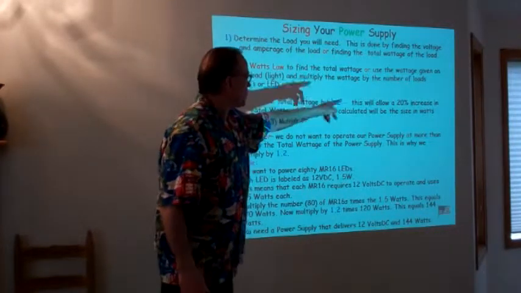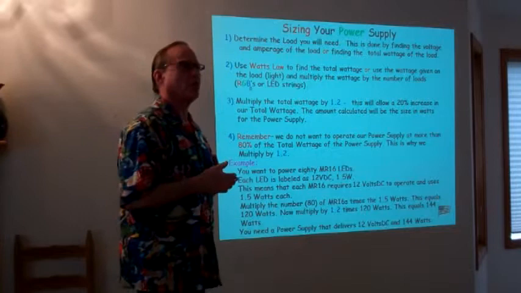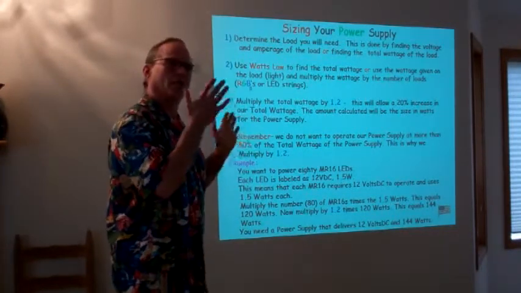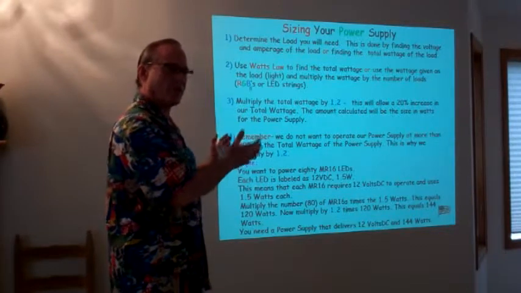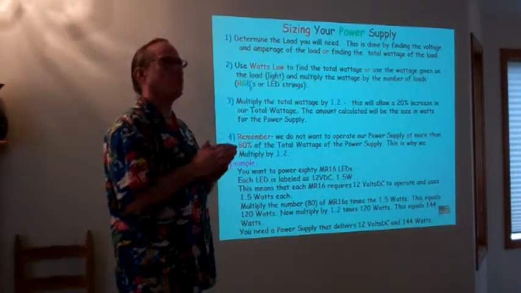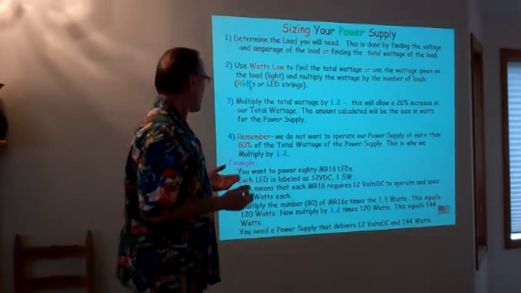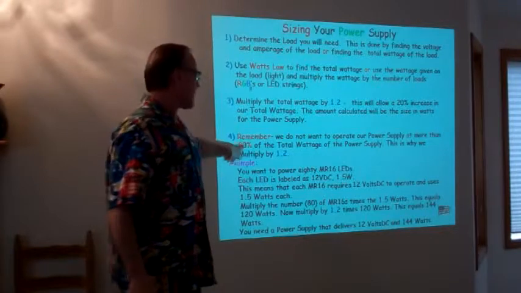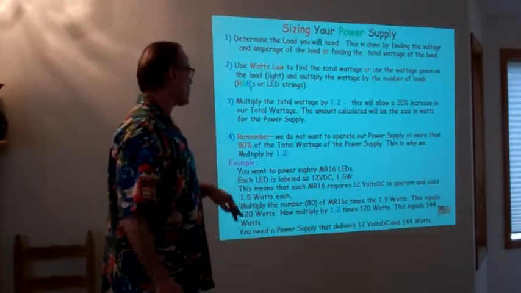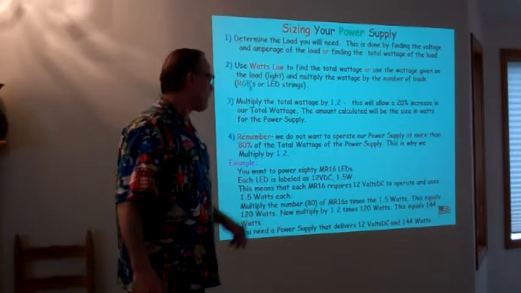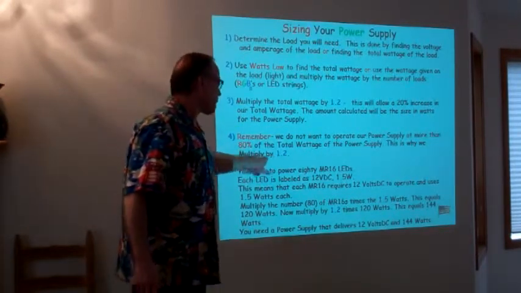So what that's going to do is it's going to increase or basically expand our usability by 20%, therefore letting us use 100% of our load value and still leave us with 20% over, if you will, to compensate for other problems. Now that's where I'm going down here. Remember, 80% is of the total wattage for our supply, not of the actual load, but for the supply. All right? And that's why we're going to multiply it by 1.2.